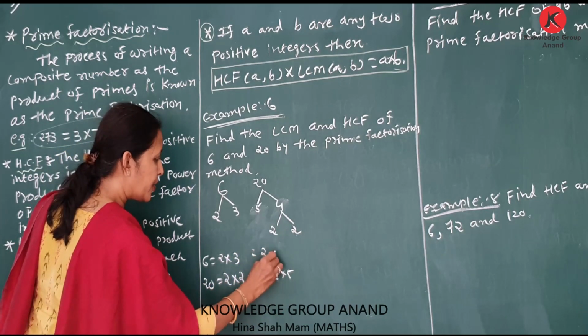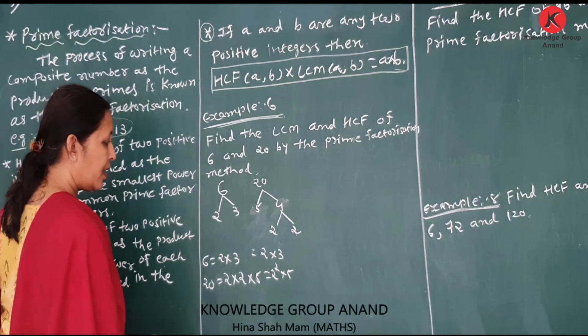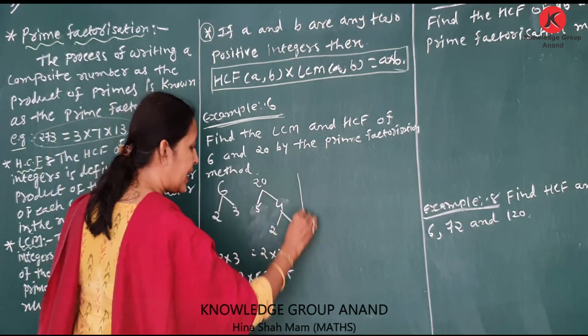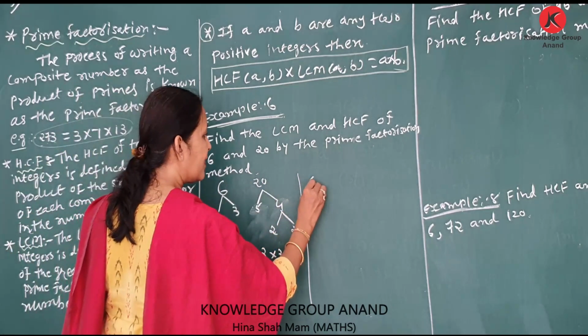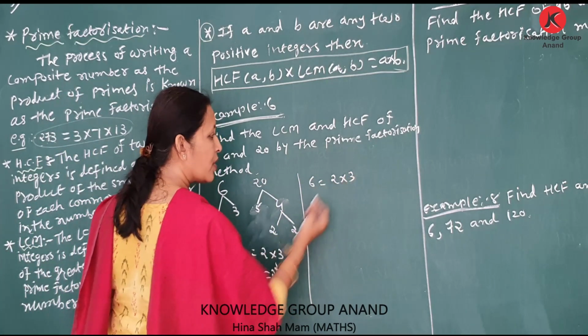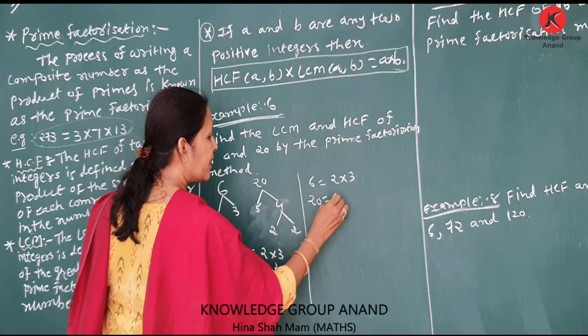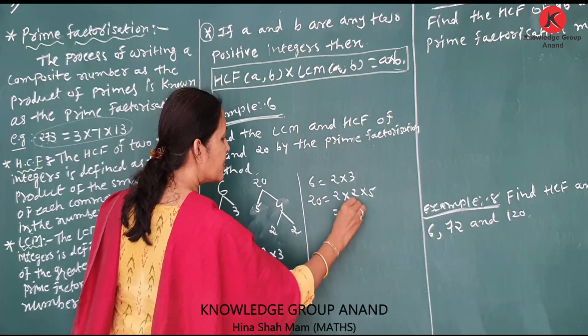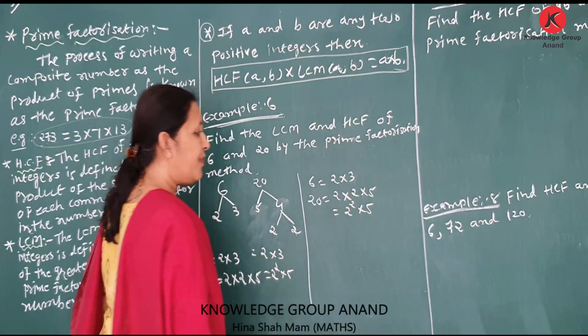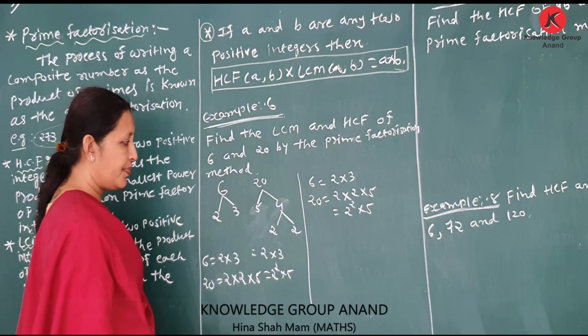Here 2 into 3. Otherwise you take it simply. If you know orally that 6 is equal to 2 3s are 6, 20 is equal to 2 2s are 4, 4 5s are 20, which is 2 square into 5. We write it in power form.